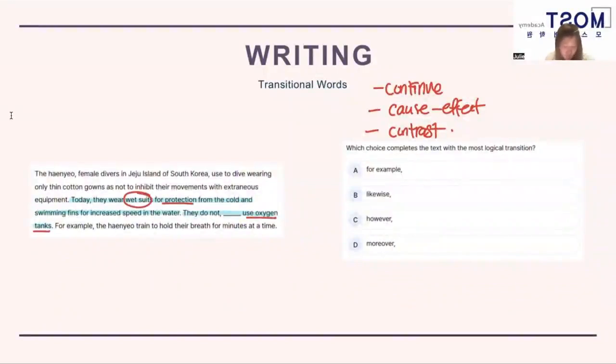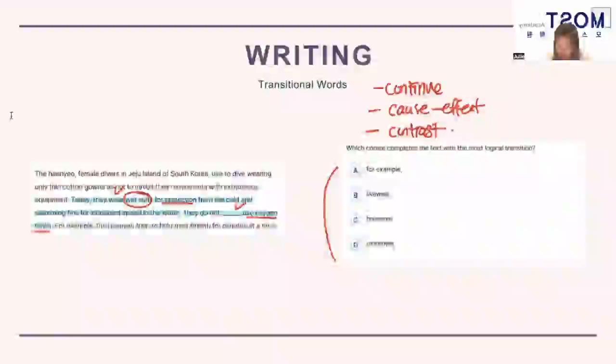To me, this seems pretty straightforward because they're going to be contrasting, right? They're wearing one thing, but they do not use another thing. So in this case it is obviously a contrast. Given that it is a contrast, I would go ahead and see if any of these are or are not contrast. There's only one contrast word here. So our best answer has to be C.